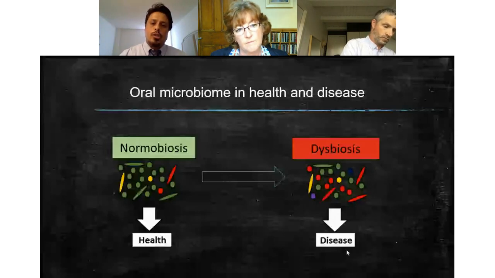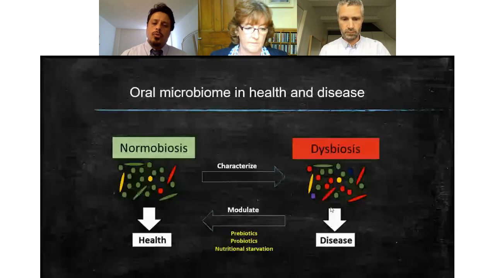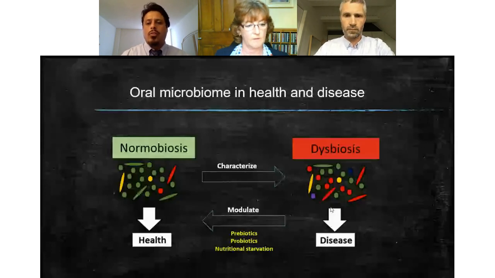And in terms of research, this is important because we need to characterize, using all these omics techniques, the microbial shifts associated with transition from health to disease, but also to find ways to modulate or to attempt to restore a dysbiotic microbial community to a normobiotic or balanced microbial community that is associated with health. And I'm going to talk about this in my part of the presentation.